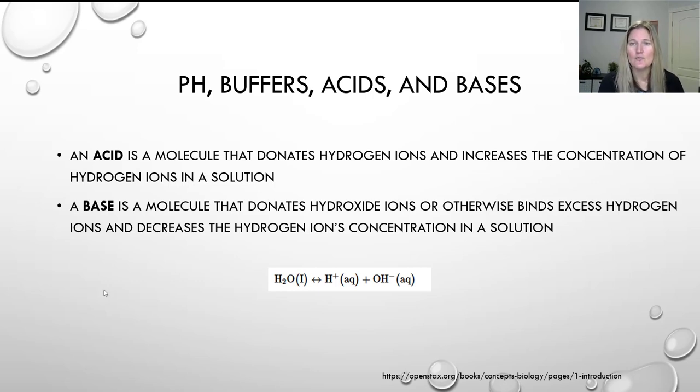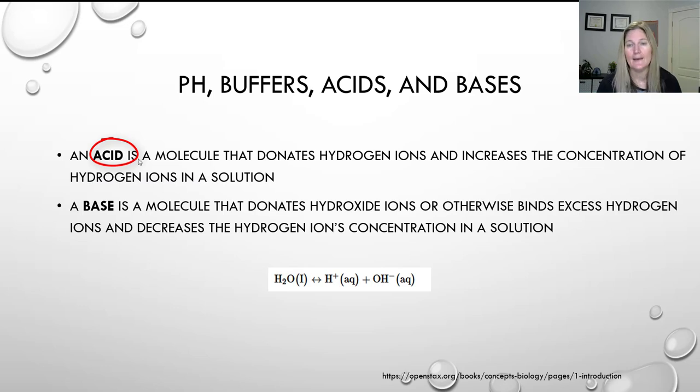And then finally we get into pH, buffers, acids, and bases. So since water is the universal solvent, lots of things can dissolve in there. And so when we have a molecule that when it's in water, it will release hydrogen ions into the water, or whatever solution we're in, and increases the concentration of hydrogen ions, we call that molecule an acid.